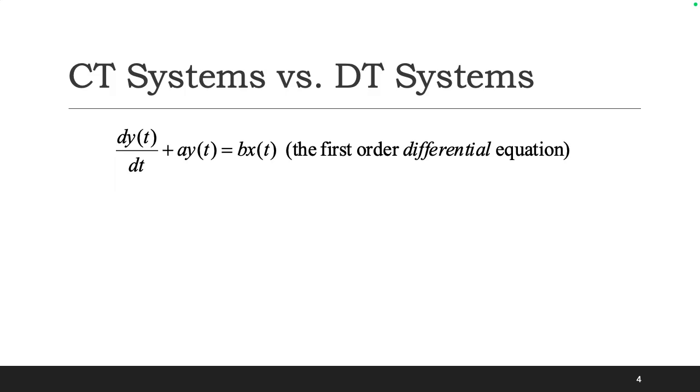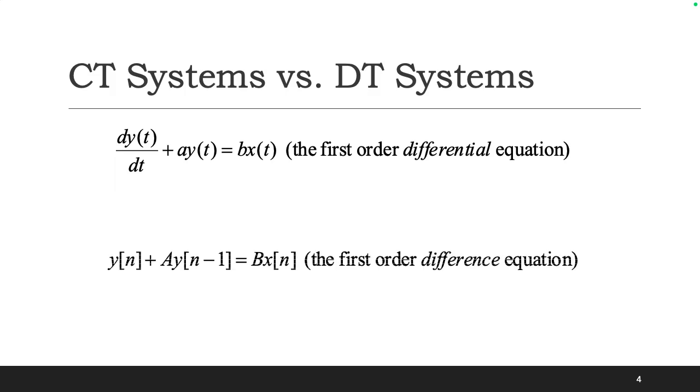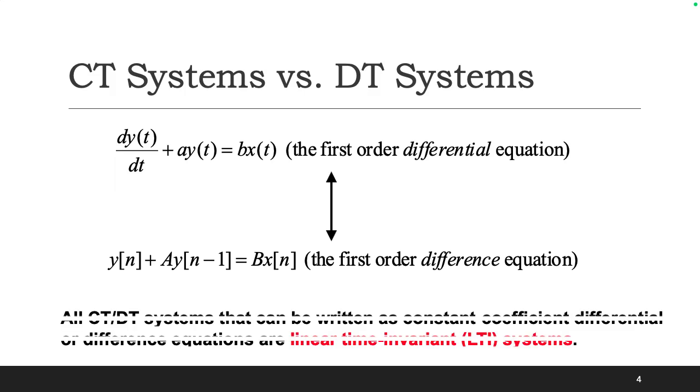And for the DT, the first order difference equation. This is a differential equation, and this is a difference equation. You can see it's very similar. One is differential, the other is difference.